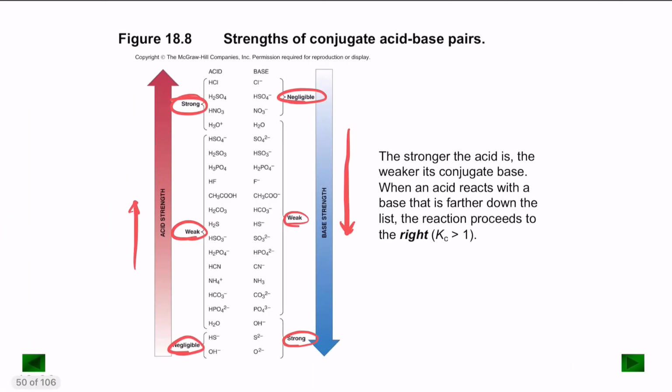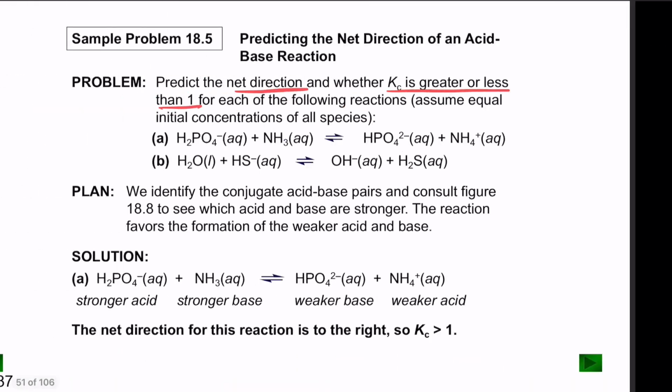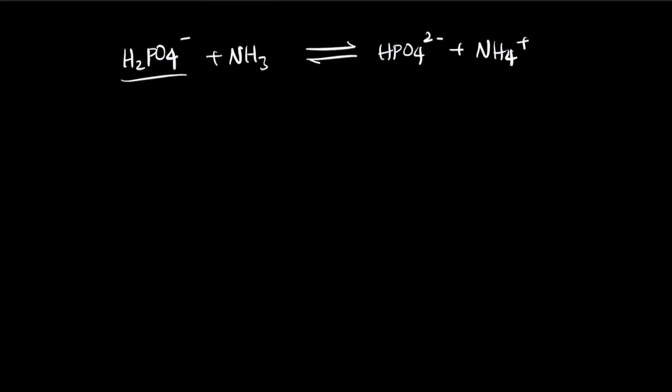Now we have to identify the conjugate acid-base pairs based on the table right here. We have H2PO4 minus, HPO4 2 minus, NH3 and NH4 plus.